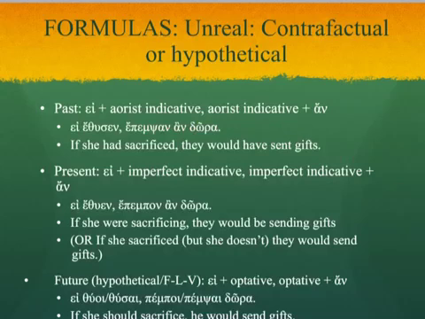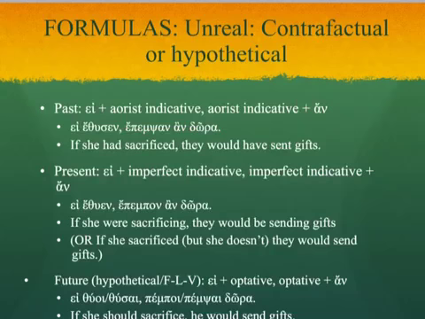For the past contrafactual, you use the aorist indicative in both the protasis and the apodosis. So ei plus the aorist indicative in the protasis, and the aorist indicative plus this important particle an in the apodosis. That's your indicator that you're in a contrafactual context. So ei ethusen, epempsan an dora, if she had sacrificed, they would have sent gifts. But she didn't, so they didn't, okay?